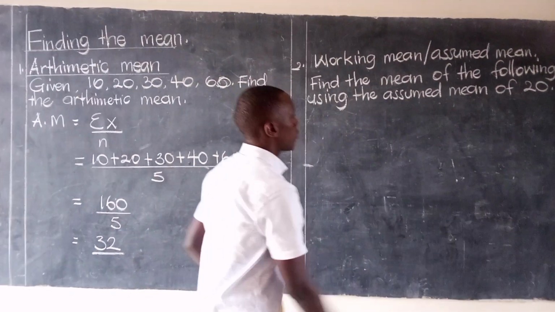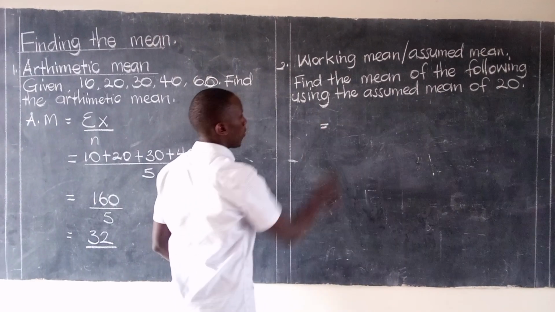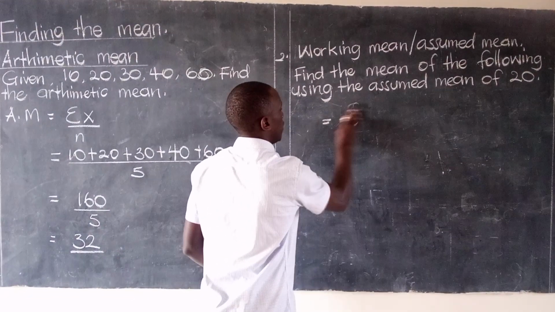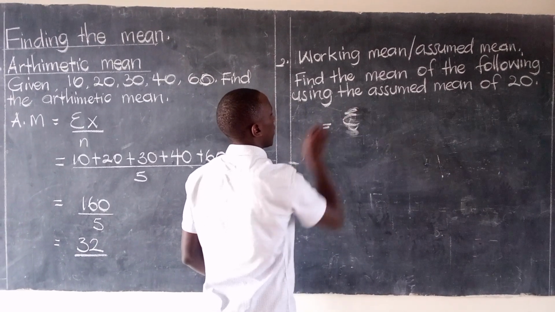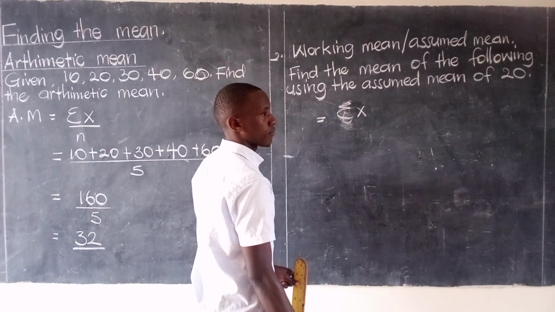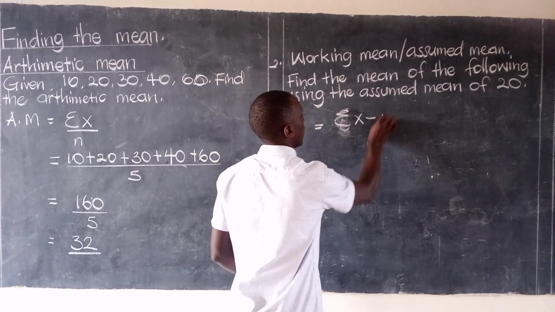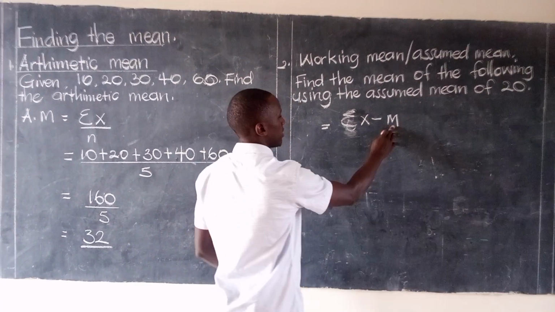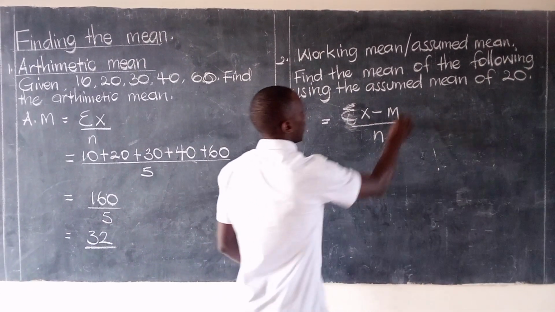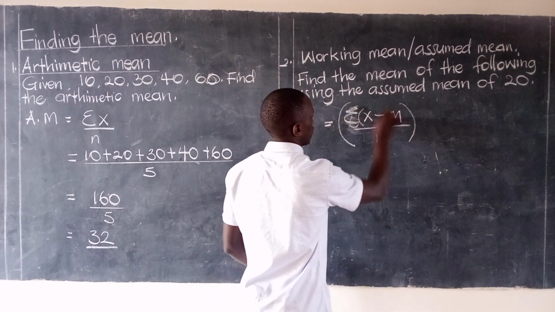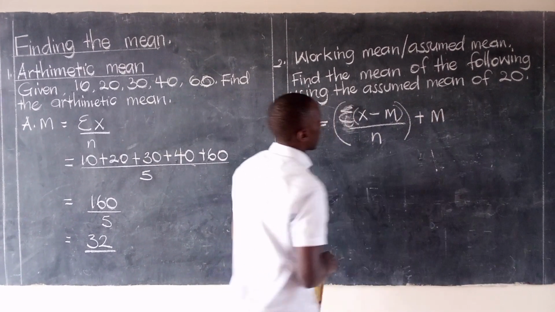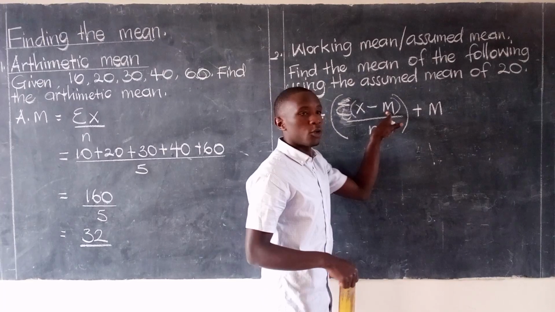The method we are going to use is very simple. It is going to be the summation of (x take away m) out of n, in brackets, plus m, where m stands for the working mean.